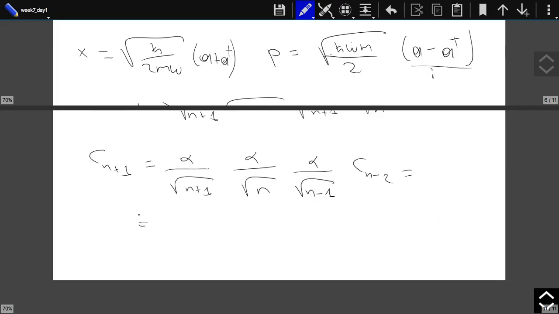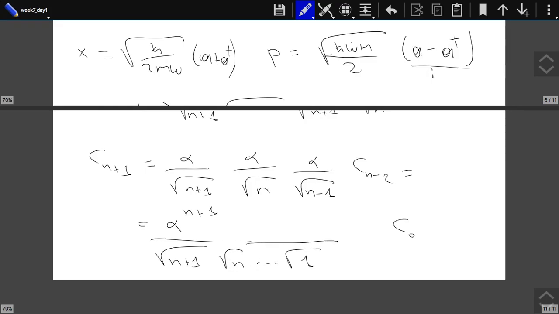If I continue going up to C0, this should be alpha to the n plus 1 divided by square root of n plus 1, square root of n, down to square root of 1.